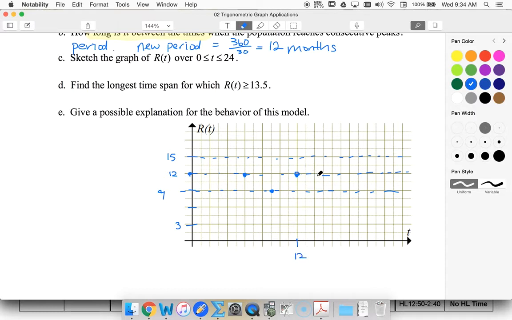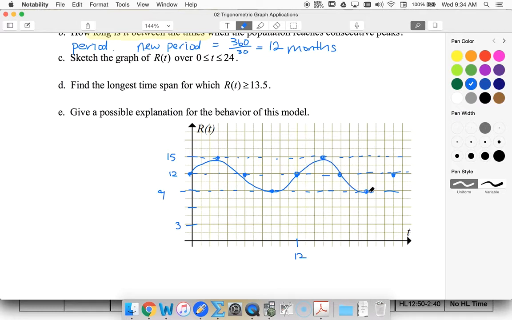And then I'll repeat. Max, back to center, min, back to center. Similarly max, and now I can make my smooth curve of my rabbit population, trying to hit my points as best I can.